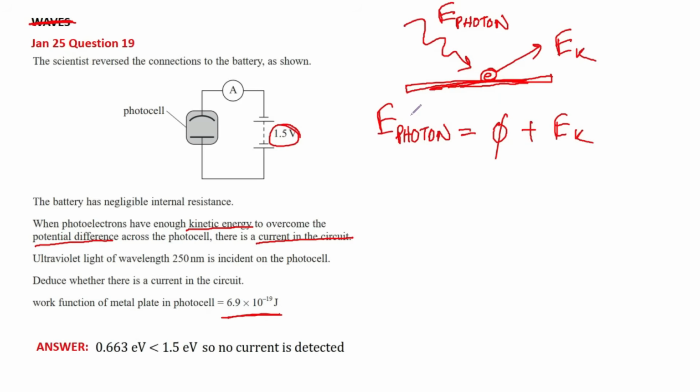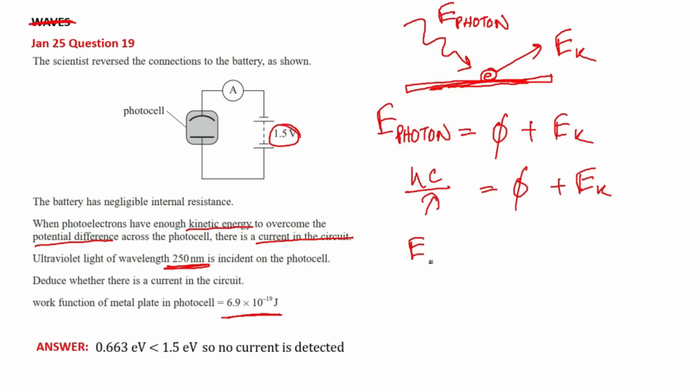One would be in terms of frequency, the other one would be in terms of wavelength. Since in the question, wavelength is given, you have to use the equation that links energy and wavelength, and the equation is E equals hc by lambda. So energy of the photon should be given by hc by lambda equals phi plus kinetic energy.